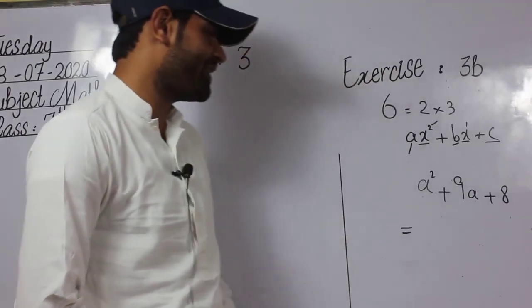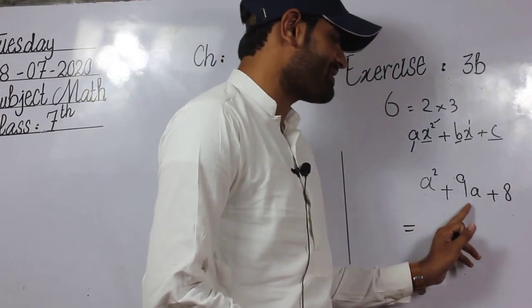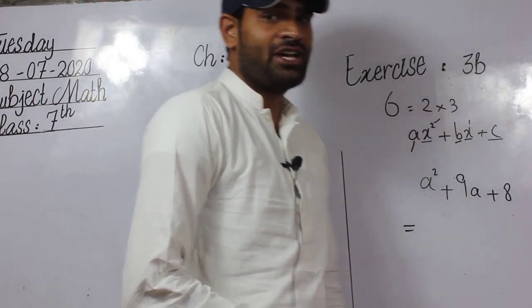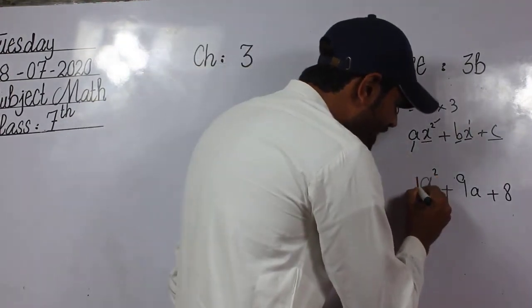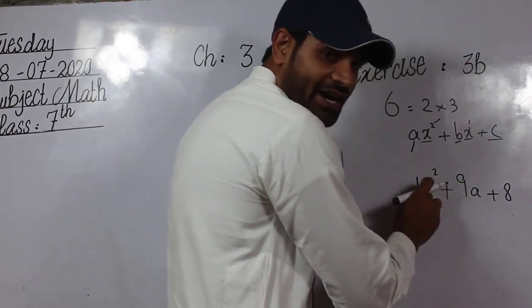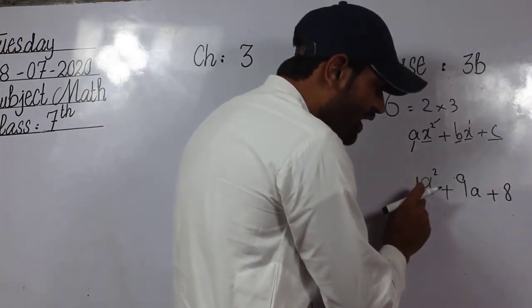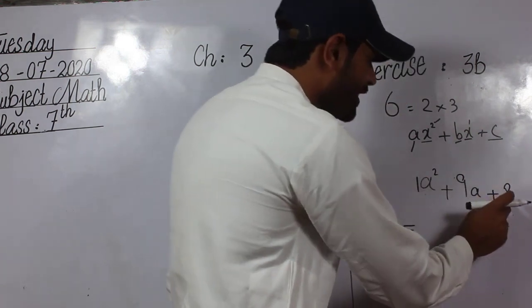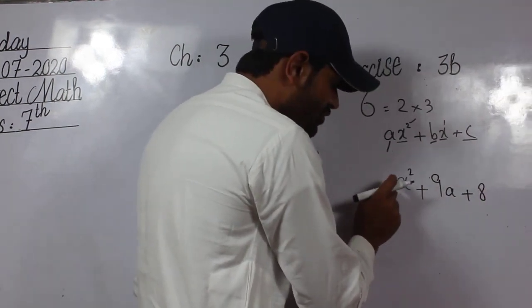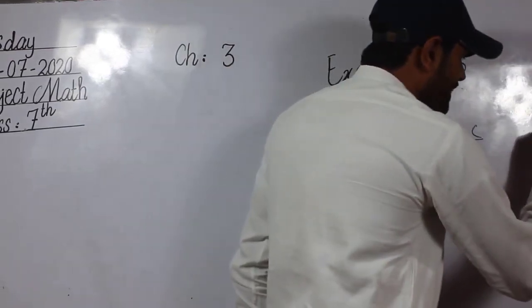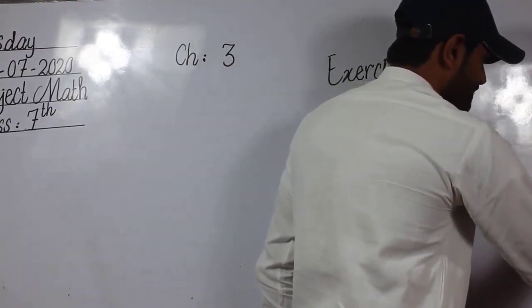So here I have the quadratic equation a square plus 9a plus 8. The method to make the factors is: first we multiply the coefficient of the highest power, the a square coefficient which is 1, with 8. When we multiply the constant with the coefficient of the highest power, 8 multiplied by 1, we get 8.